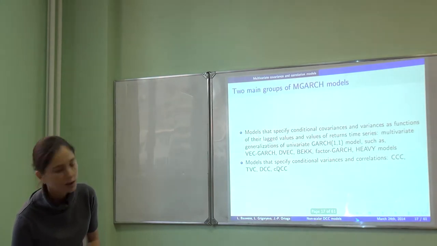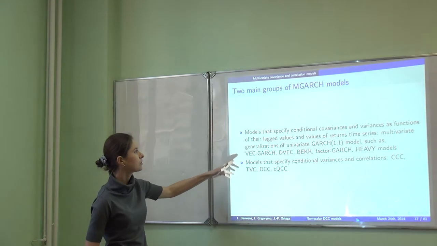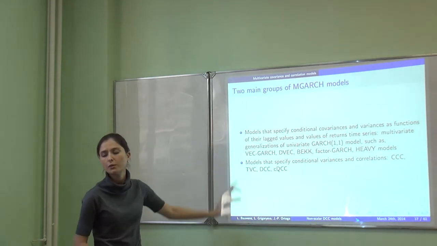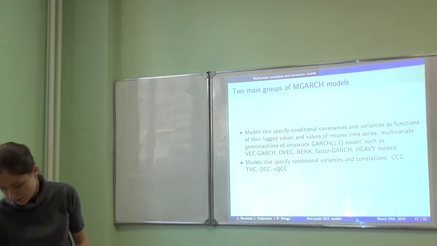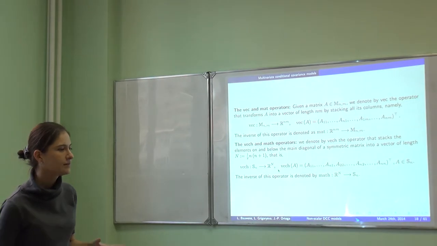So I'm going to tell you briefly what variety of models we have for the first group and for the second group, so that you can see the difference between the two. First of all, I would like to tell you what the VEC operator is.